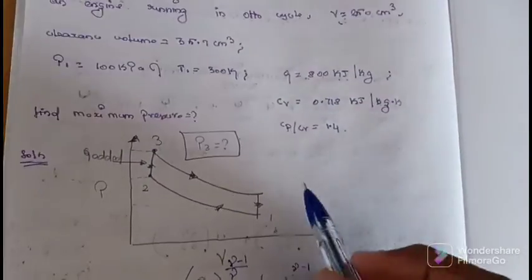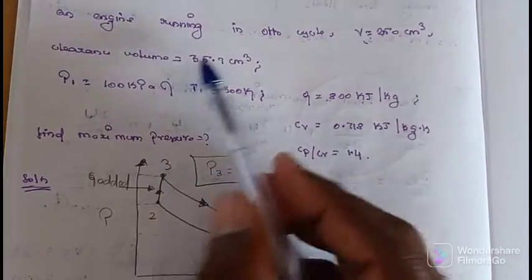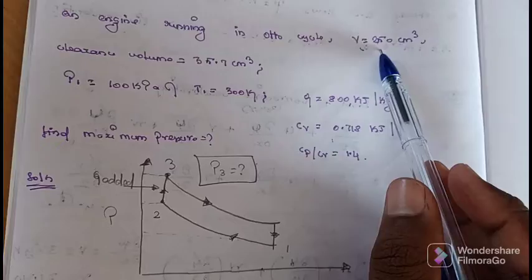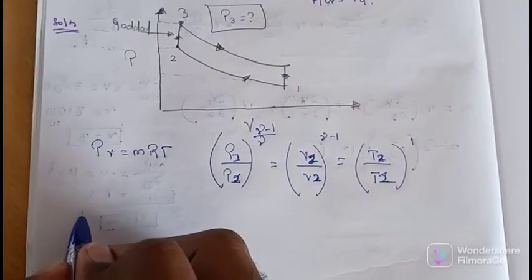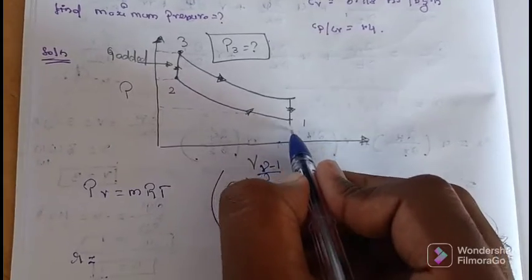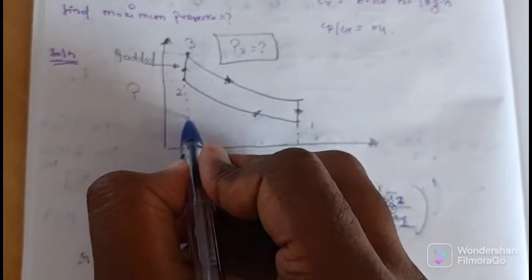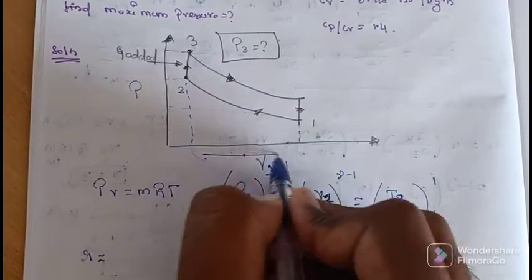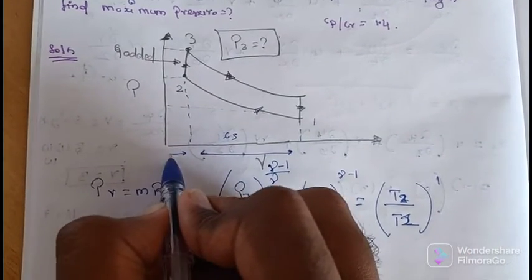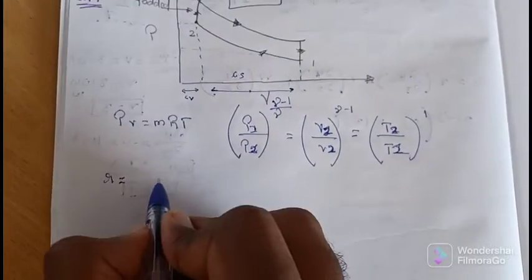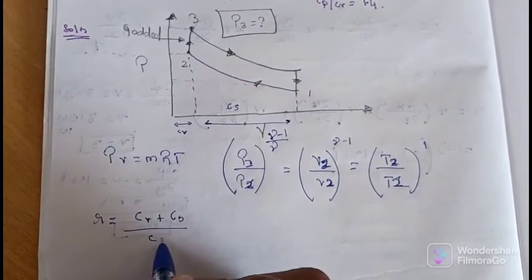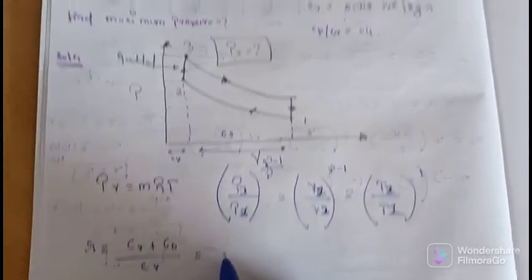What they have given are P1, T1, Q, CV, V and VC. With the help of V and VC we can calculate the compression ratio. The swept or displacement volume and the clearance volume: compression ratio is clearance volume plus swept volume divided by clearance volume.